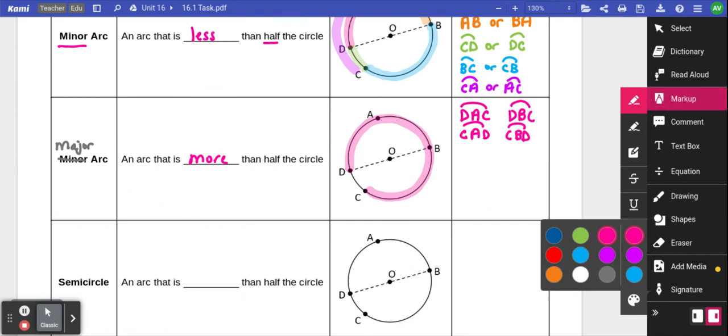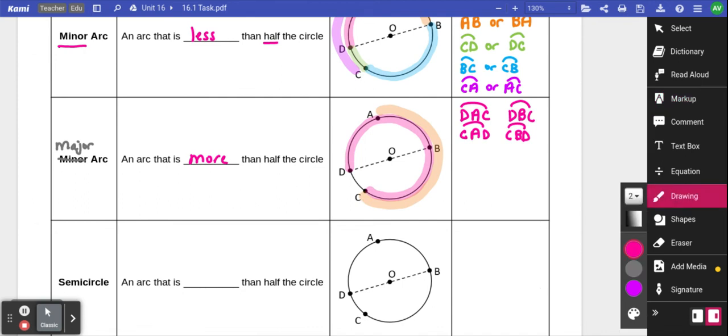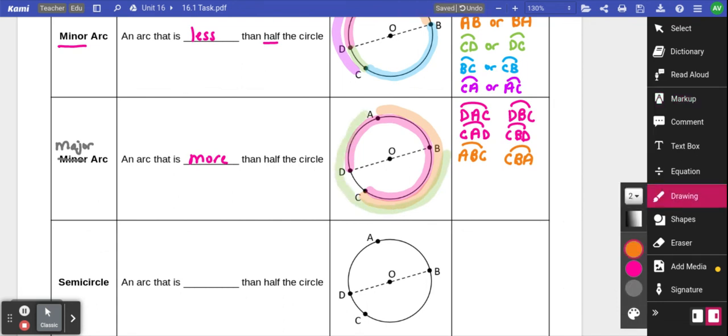Next, if I wanted to name another major arc in this picture, another example of a major arc in this picture would be the arc that starts at A, goes towards B, and keeps going all the way around to C. So to name that arc, I could name that A, B, C, or I could also name that C, B, A. Another example of a major arc in this picture would be B, C, A. Keep going all the way around.